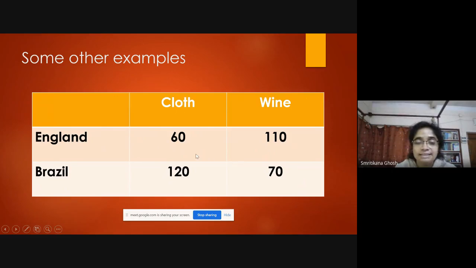So in England, the worker can produce more wine, so England has absolute advantage over wine. On the other hand, in Brazil, as the worker is producing more cloth than wine, Brazil has absolute advantage over cloth.